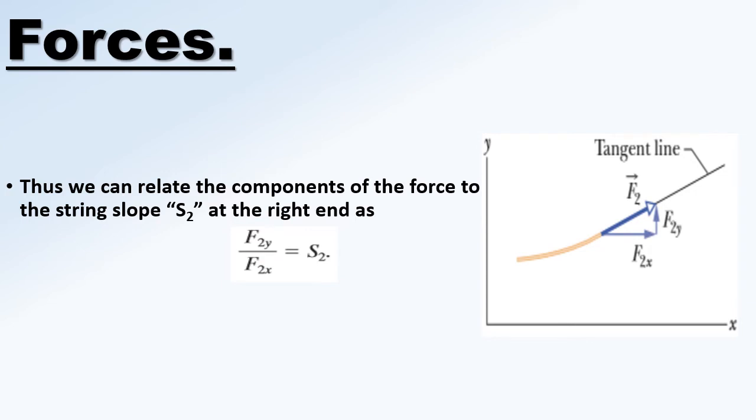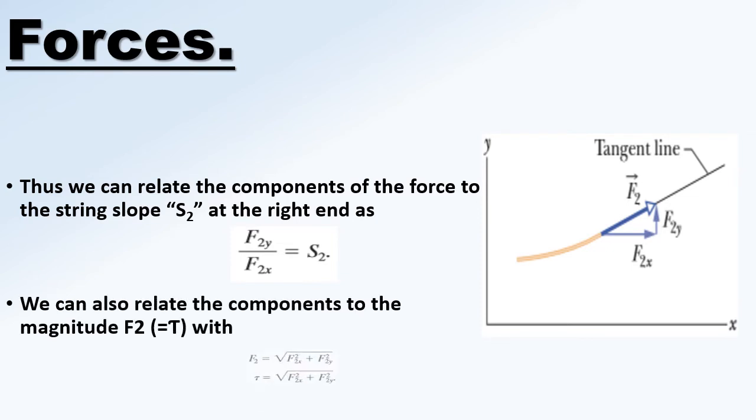We can also relate the force with the tension T, as we know that the magnitude of the force is equal to the tension T in the string. So we can write the magnitude of F2 as the square root of F2x squared plus F2y squared. Then we replace F2 by T, since, as discussed earlier, the tension T is equal to the magnitude of the force F2.